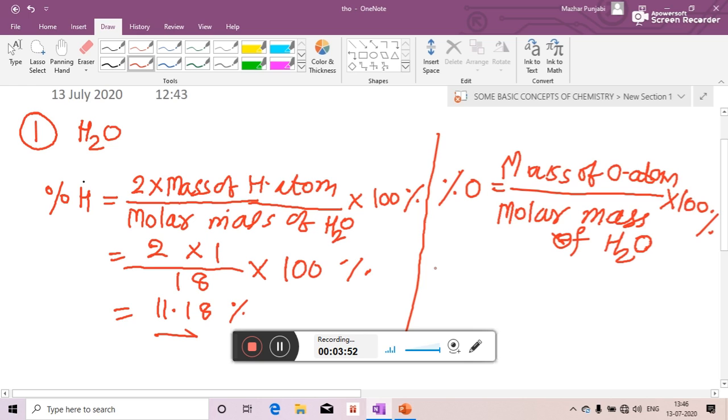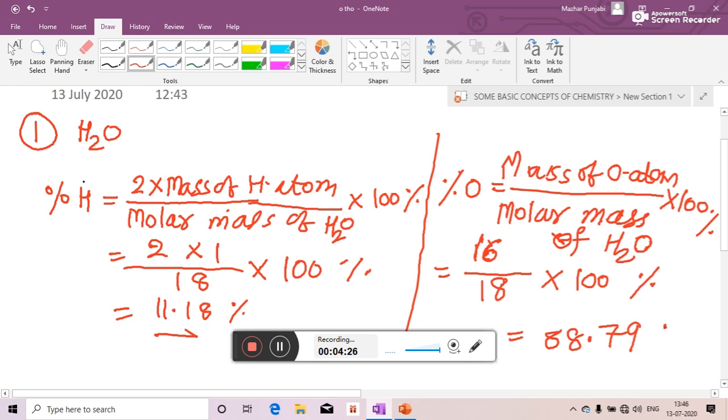So that is equal to, for oxygen atomic mass is 16, divided by molar mass of water which is 18, into 100%. So that is equal to 88.79%.